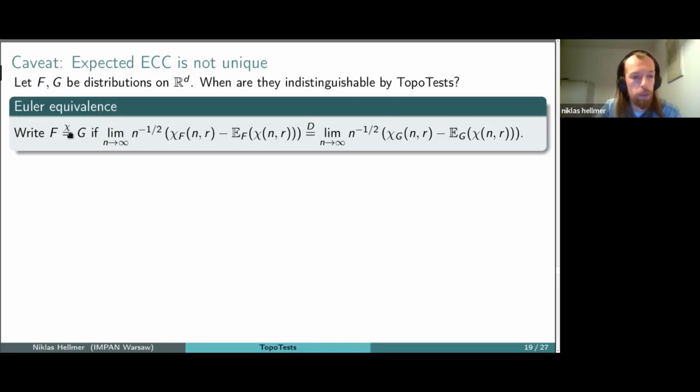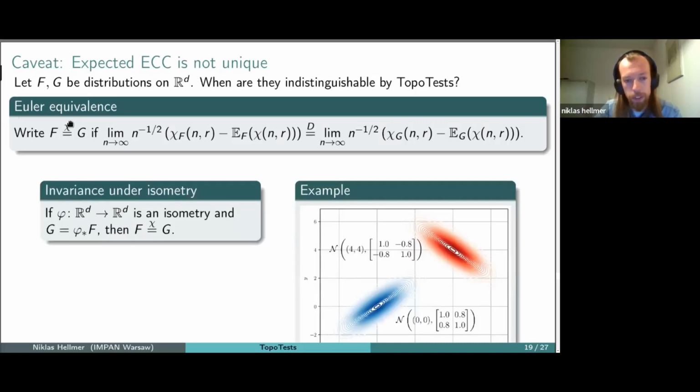So let's denote this with an equal sign with a chi for the Euler characteristic. And this should not come as a surprise. If you're familiar with TDA, our invariants are usually agnostic to translation, so you shift your distribution around, or rotations, or reflections, or all that kind of isometry.